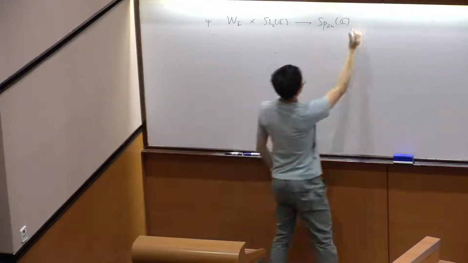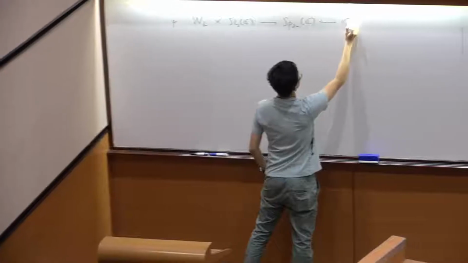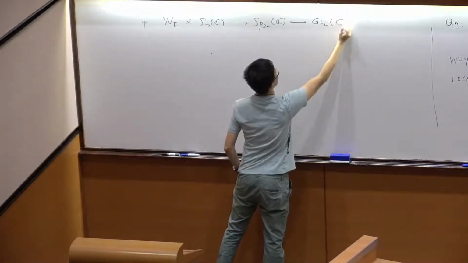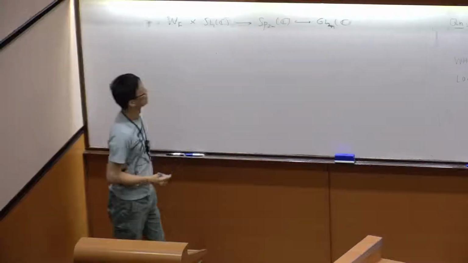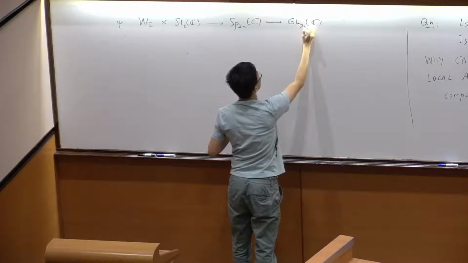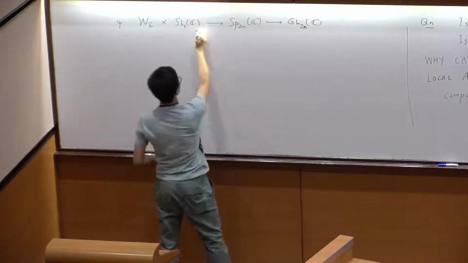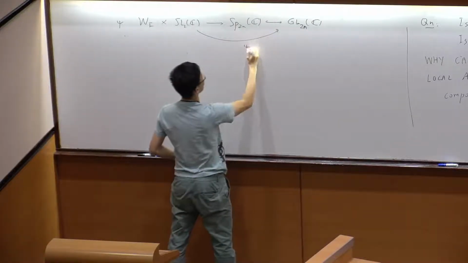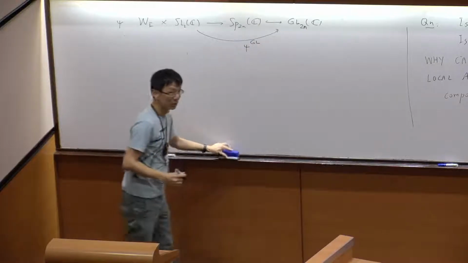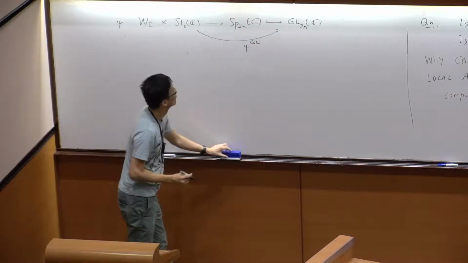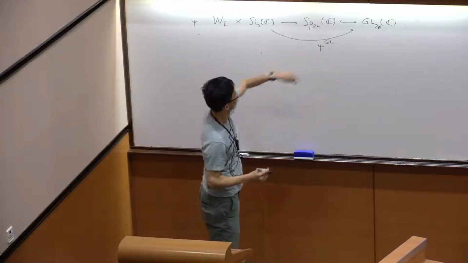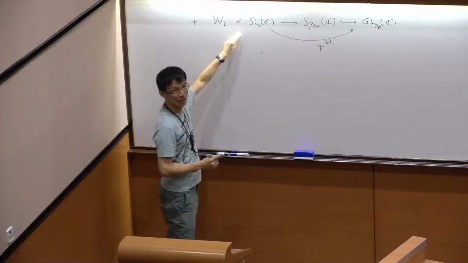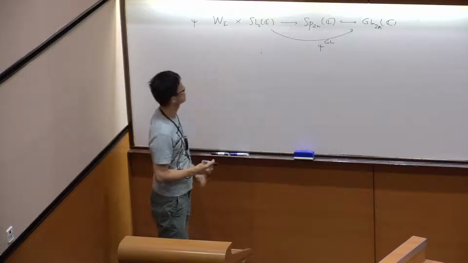Of course, there's a natural 2n-dimensional representation, the standard representation of Sp2n. Maybe I'll call the composite psi GL. Now, of course, you can forget about Sp2n. You just think of this as a 2n-dimensional representation of psi.